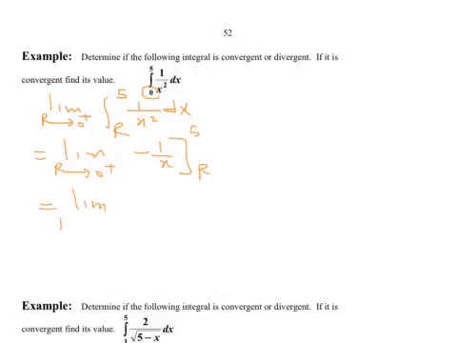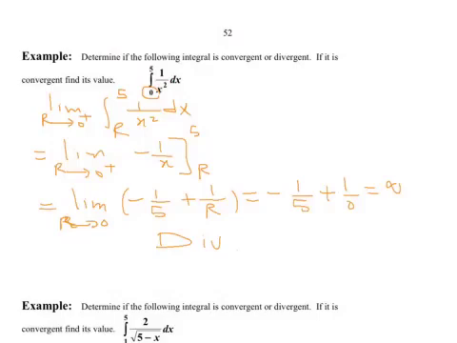Replace x by 5, then by r. Now put r equal to 0, so it's going to be minus 1 divided by 5 plus 1 divided by 0, which is equal to infinity. So this integration is divergent.